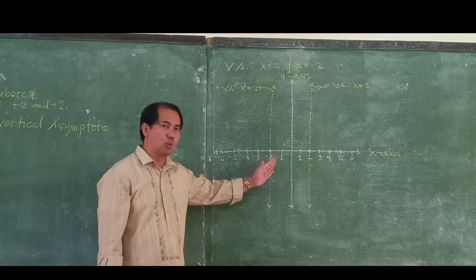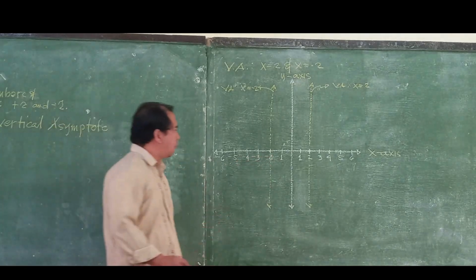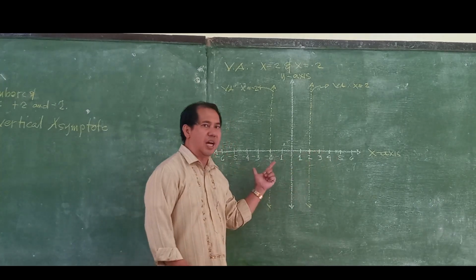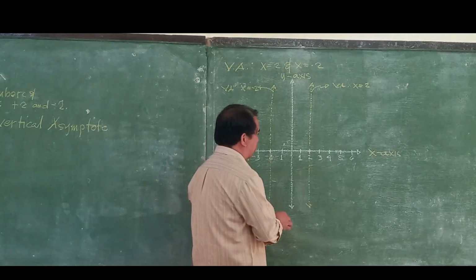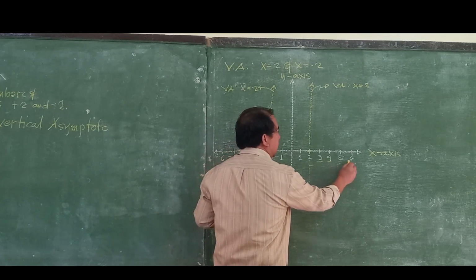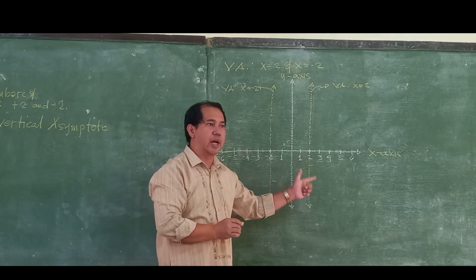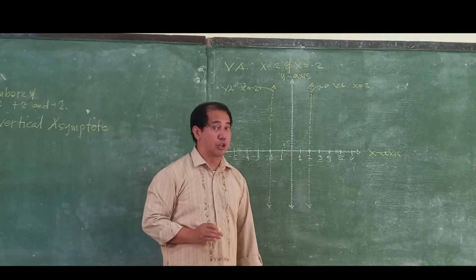Now, you can see that one. You can visualize the values of x. These values of x are along the x-axis. So, you can make use of positive 3, 4, 5, 6, and so on and so forth. Those are the values of x that you're going to use to evaluate the function.